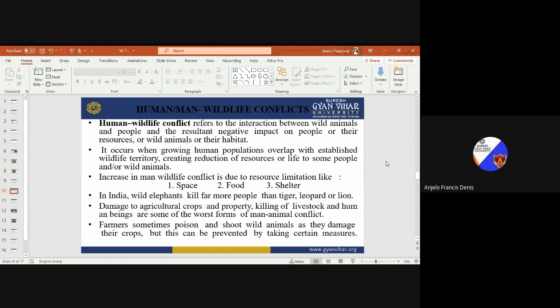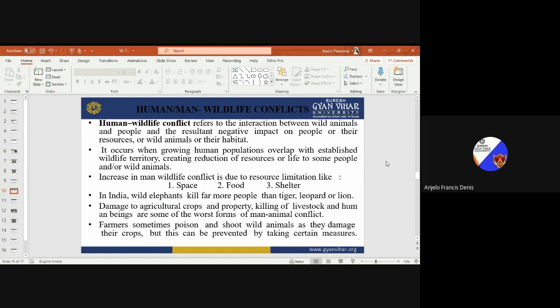The increase in man-wildlife conflict is due to resource limitation like space, food, and shelter. In India, wild elephants kill far more people than tigers, leopards, or lions.